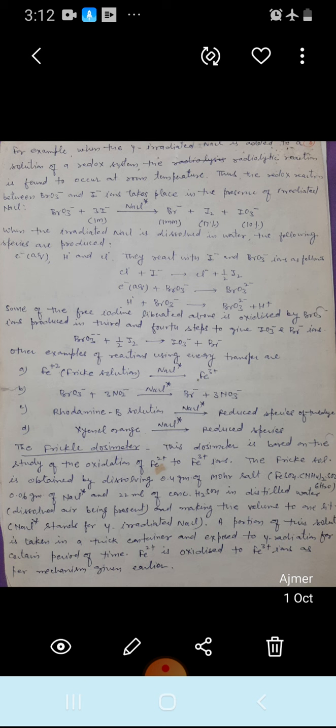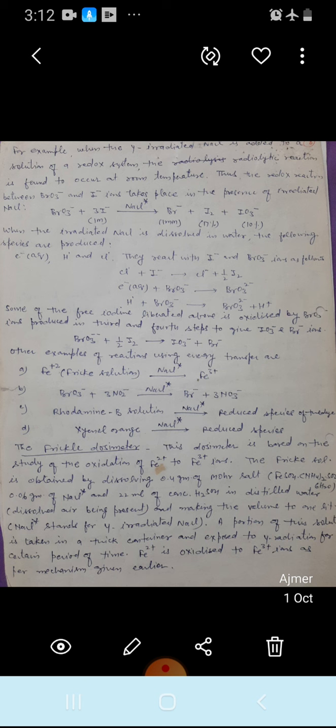The dissolved air must be present here, making the volume up to 1 liter. So, what is actually the Fricke solution? It is the solution of Mohr salt with sodium chloride and concentrated sulfuric acid having the volume 1 liter. Here, sodium chloride star stands for irradiated sodium chloride.